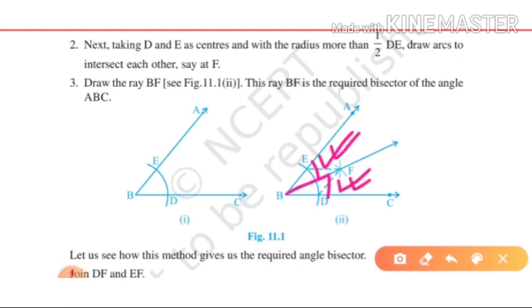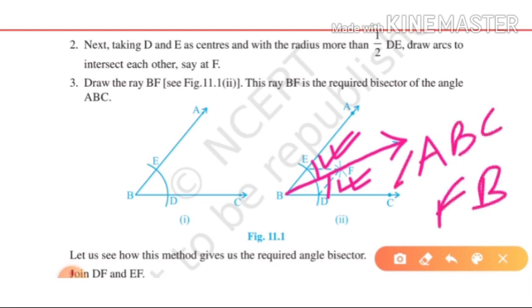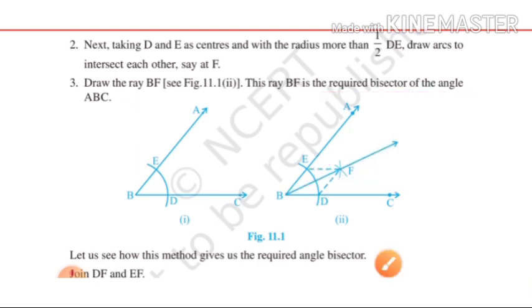That means FB is the bisector of this angle ABC. It divides the angle into two equal parts.